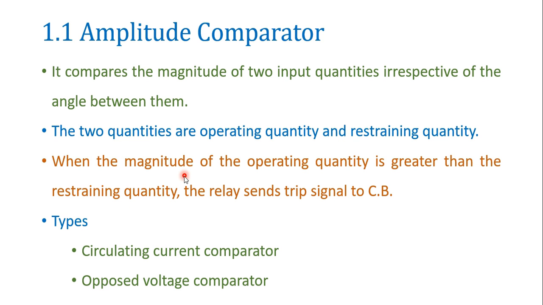The magnitude of the operating quantity is greater than the restraining quantity when the fault occurs. Then the relay sends a trip signal to the circuit breaker. During normal condition, the operating quantity will be less than the restraining quantity. There are mainly two types of amplitude comparator: circulating current comparator and opposed voltage comparator.